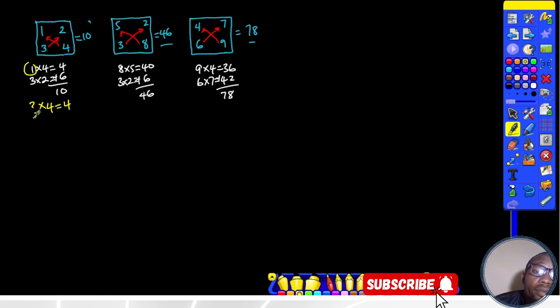I don't know if I'm going to get 4 anyway, because here it's not easy to figure out whether you get 4 or not. But what is obvious is that 3 times 2 will be there. 3 times 2 will be what? 6. And you already know that the answer is outside.